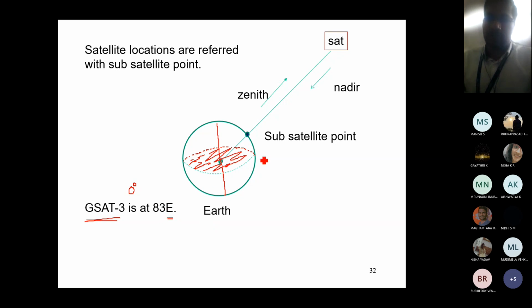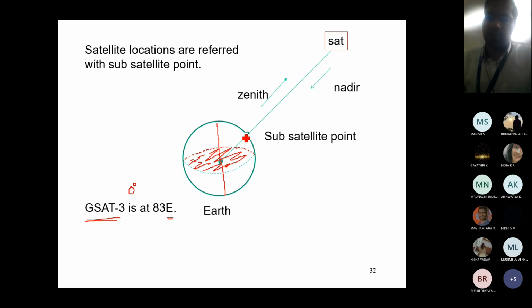Okay, so in that case, can you tell me where the subsatellite point will lie? What is the location of the subsatellite point, if the location of the satellite is given? The location of the subsatellite point will be exactly the same as the location of the satellite, because I said that we find the location of the satellite from the subsatellite point.